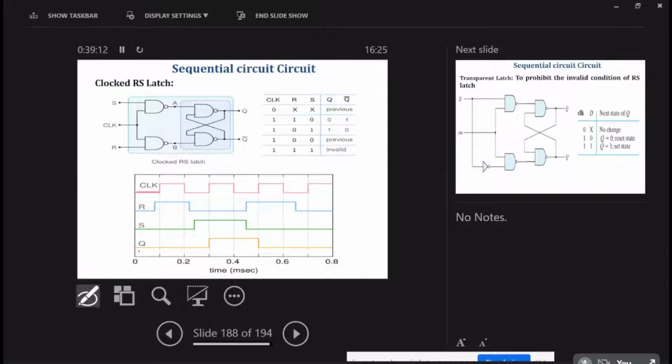So if initially there is no Q value, it will be considered as the reset state or the 0 state. After that, when the clock is enabled, only during this time will the state of the inputs be changed.